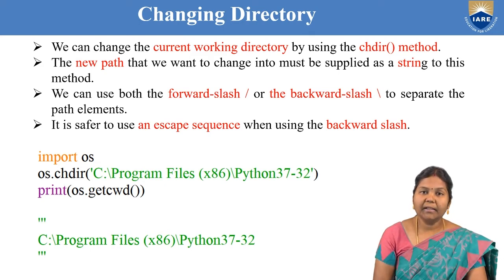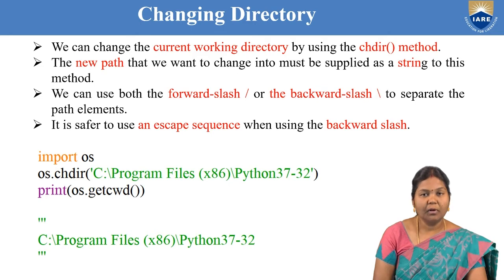For providing the new path, you can use both forward slash and backward slash. But out of these two, backward slash is conveniently used and it is safer to use. Whenever you are using a backward slash, you can use an escape sequence. So, see how to write the chdir method.